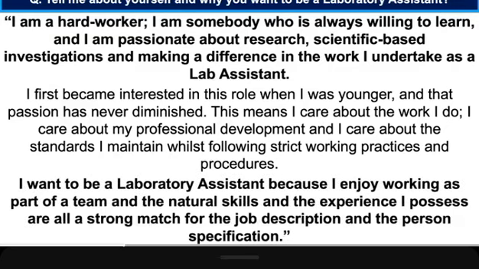I want to be a laboratory assistant because I enjoy working as part of a team, and the natural skills and the experience I possess are all a strong match for the job description and the person specification. That is a brilliant answer. It is in depth, it is positive, and it sets you up with confidence for the remainder of your interview.